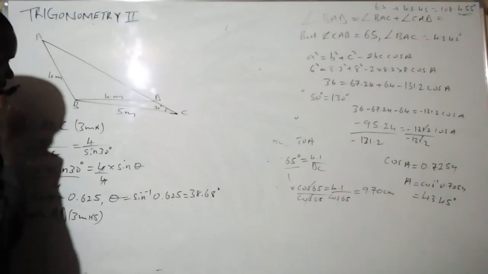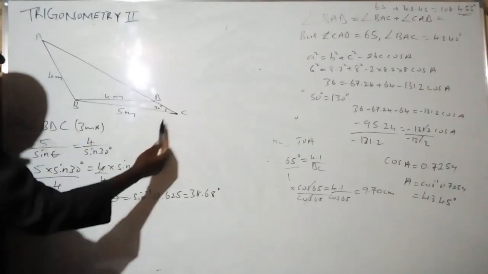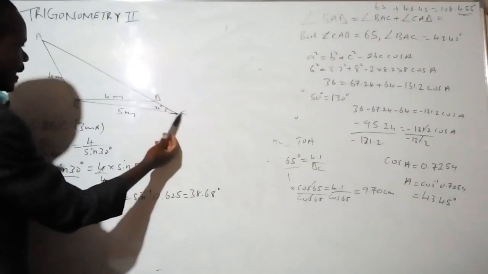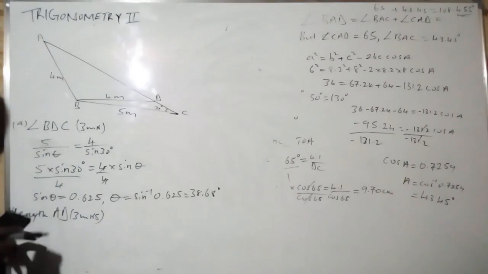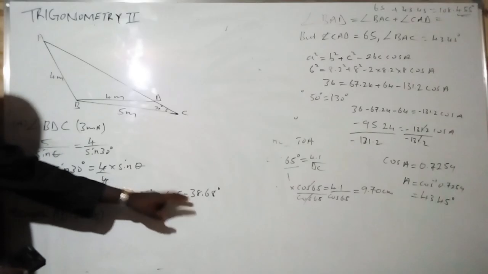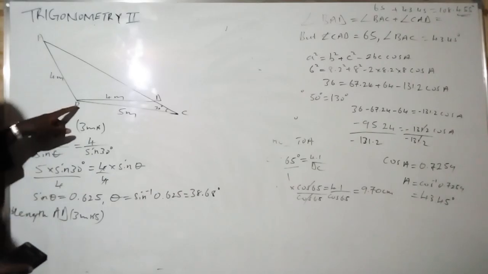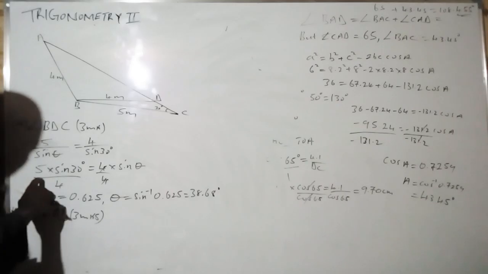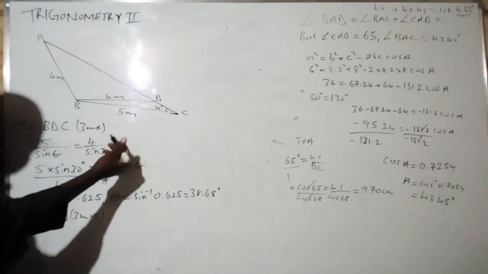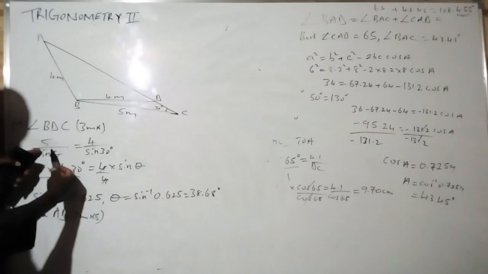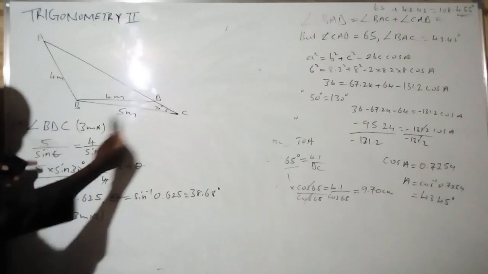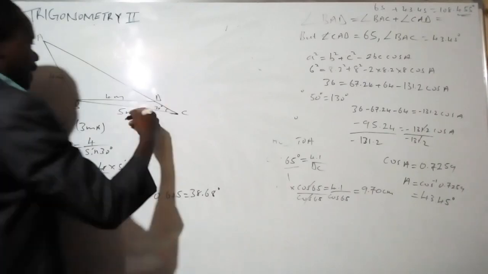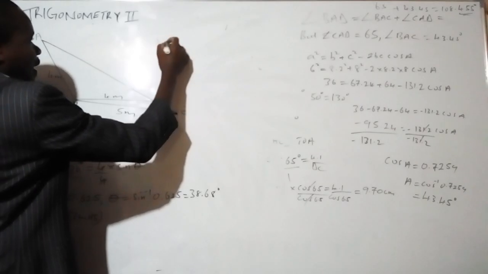What we know, BDC, that is 6.68. Here we have 30 and 5.